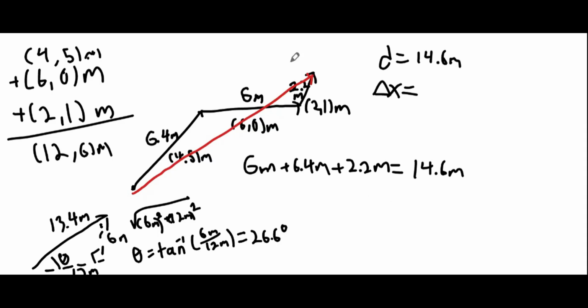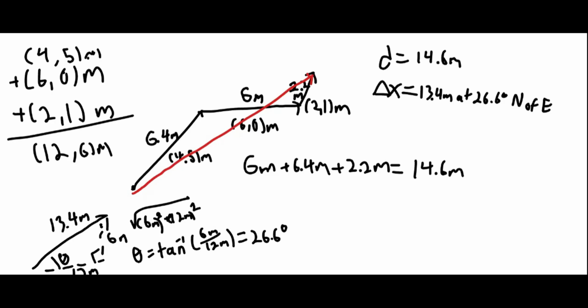So we now have that this displacement is 13.4 meters at 26.6 degrees north of east. So that shows the difference between distance and displacement.